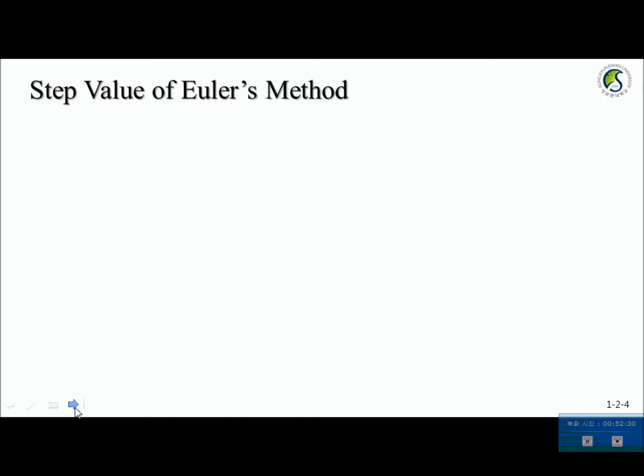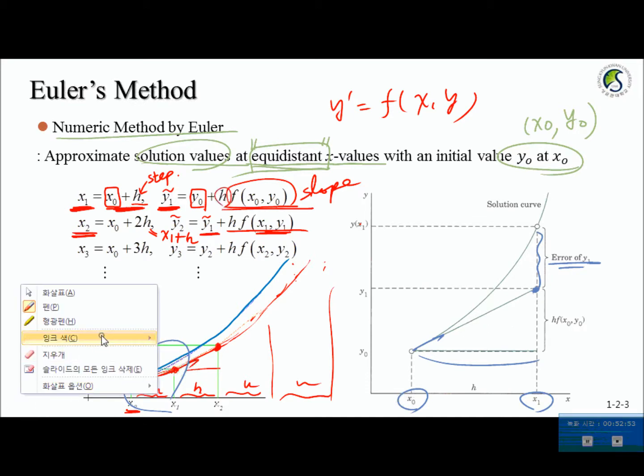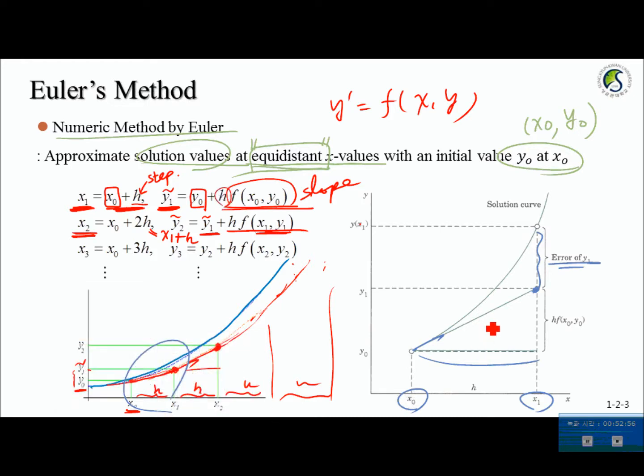The accuracy of Euler's method, how close the approximation is to the true solution, depends on the step value h, right? If you decrease the h to half, for example, x1 is here. This is h over 2, right?